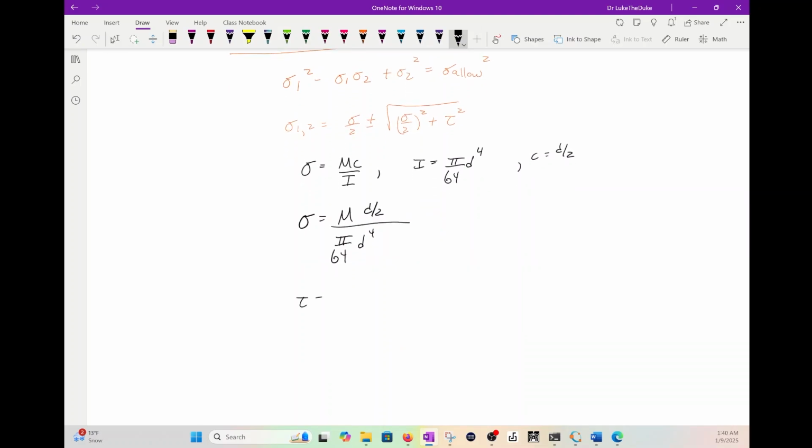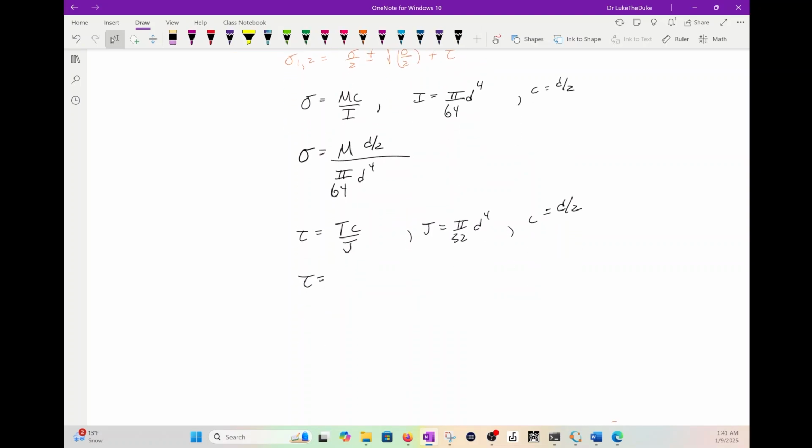And we're going to write tau as Tc over J, where J is pi over 32 d to the fourth. And again, c equals d over 2. We're assuming this is a solid shaft. So this becomes T times d over 2 over pi over 32 times d to the fourth.